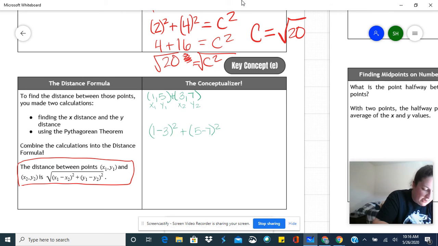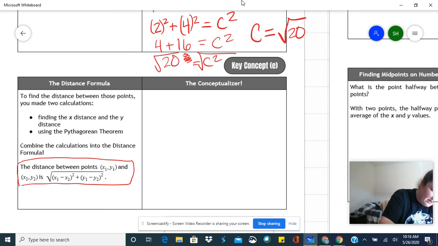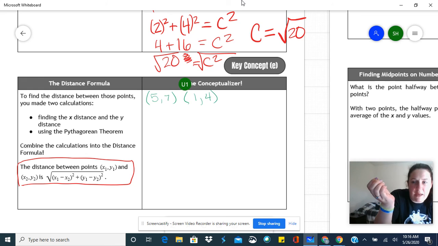We're going to end up with a number that doesn't work. So actually, I'm going to do this backwards. We're going to do 5, 7, and 1, 4. Make nice easy numbers for this.